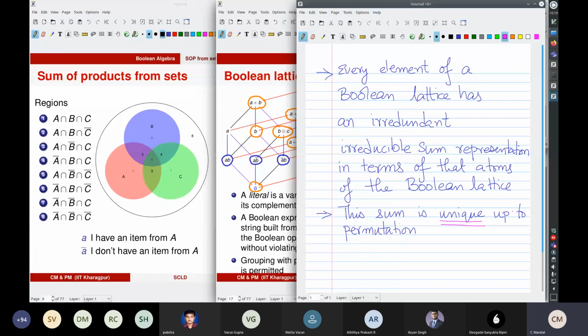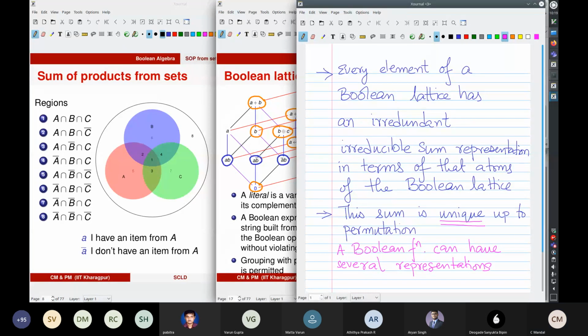What you have already seen in the lab, and we have also mentioned it in class, is that a Boolean function can have several representations.